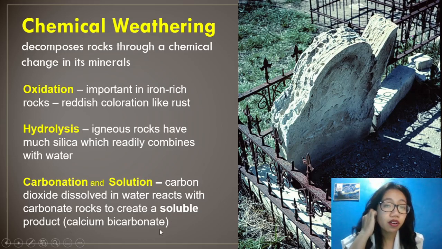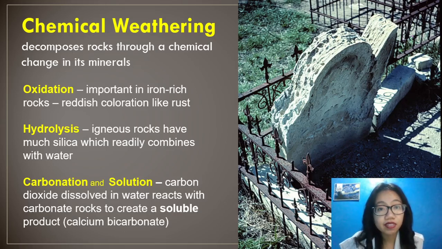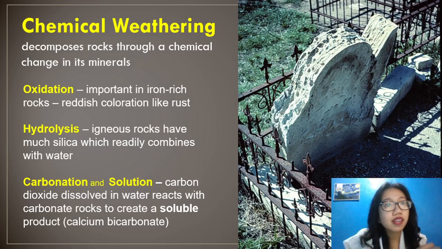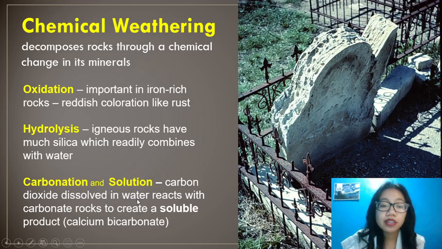So this is one of the dangers of acid rain. So acid rain is dangerous not only for the plants and animals and the environment, but also to the human structures that we build. So if there is a high concentration of carbon dioxide in the atmosphere, once it starts to rain, it creates acid rain because you have this combination of carbon dioxide and water already, which will react with the human structures.